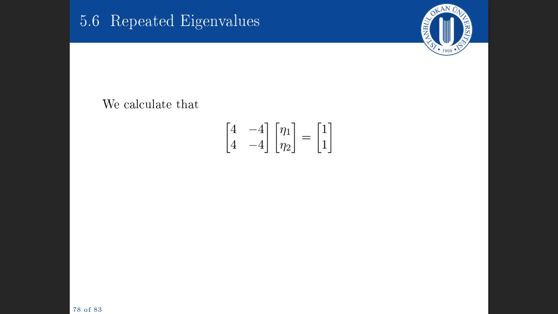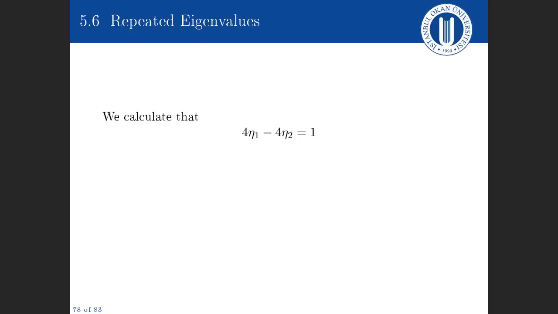So for this example, A minus rI is 4 minus 4, 4 minus 4. So we want 4 minus 4, 4 minus 4, eta 1, eta 2 is equal to 1, 1. We want 4 eta 1 minus 4 eta 2 is equal to 1, or dividing through by minus 4, we want minus eta 1 plus eta 2 is equal to minus a quarter.